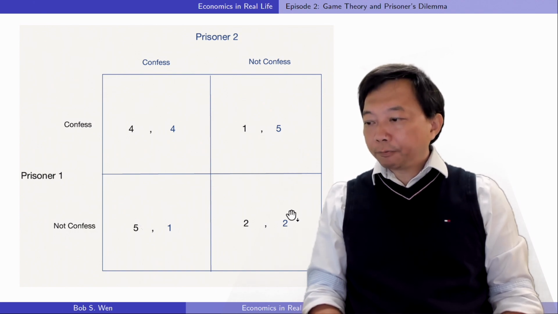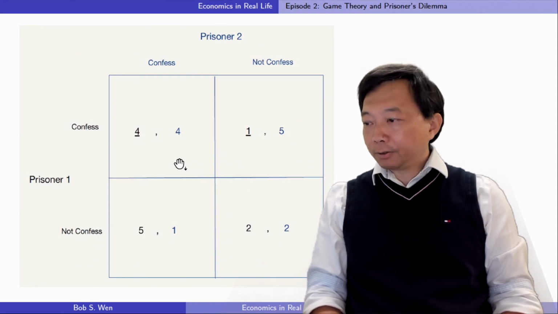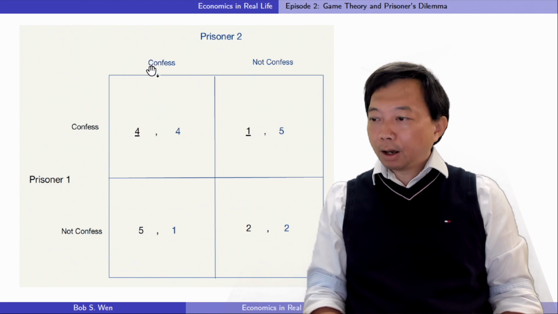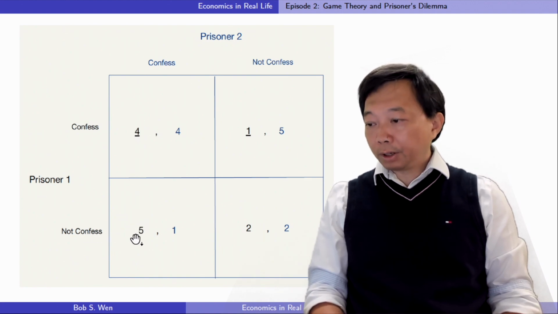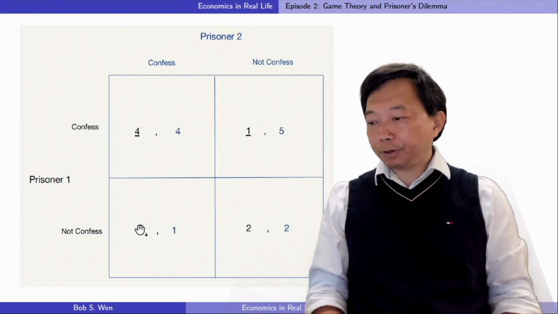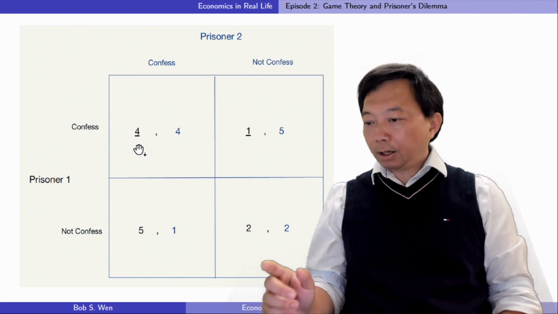If we were the first suspect, we would think like this. If the second suspect confesses, I should choose to confess, so that I would be sentenced to 4 years, which is better than choosing not to confess and be sentenced to 5 years. We draw a line under the number 4.